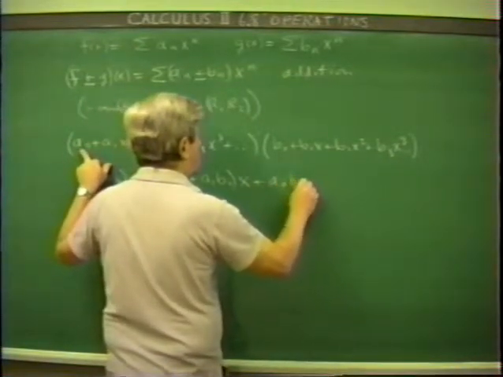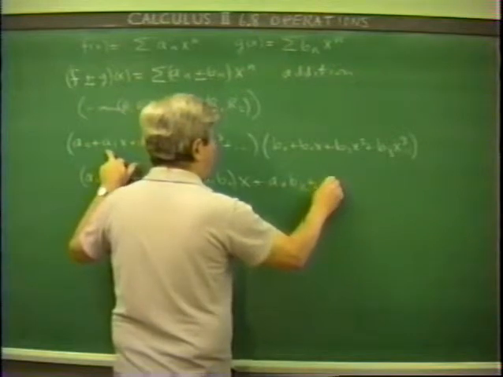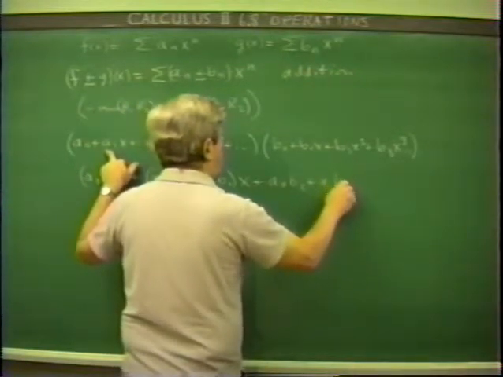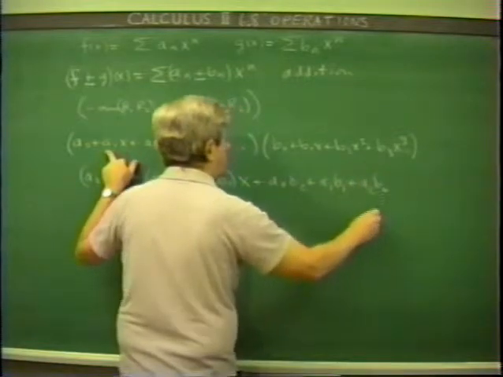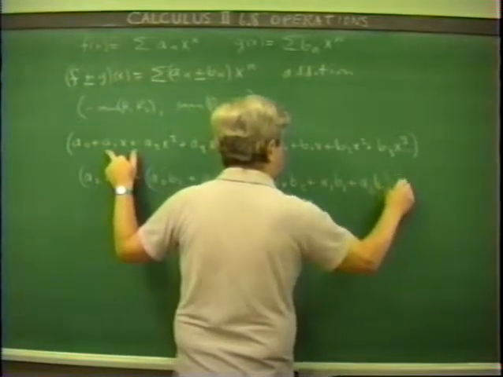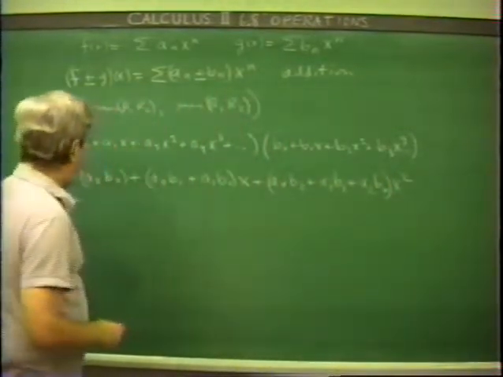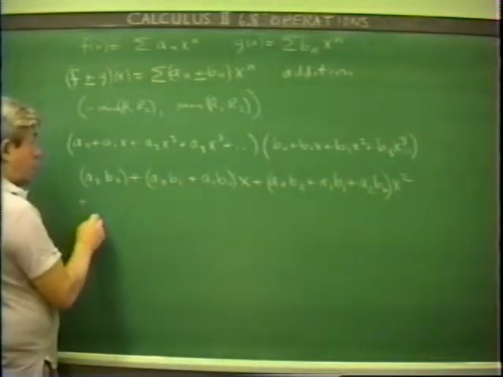And the x squared term here is going to be a0 b2 plus a1 b1 plus a2 b0. This will be the x squared term.